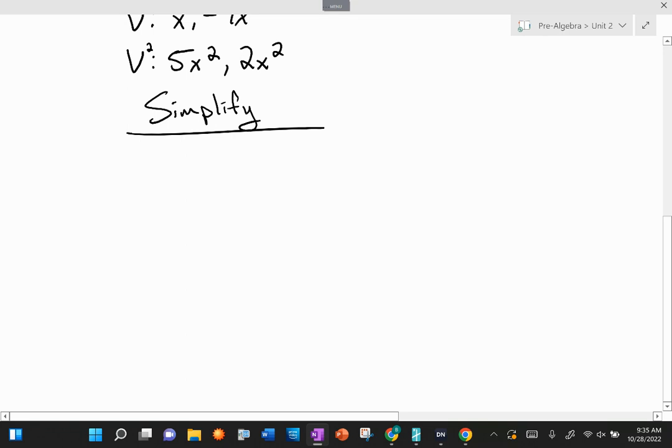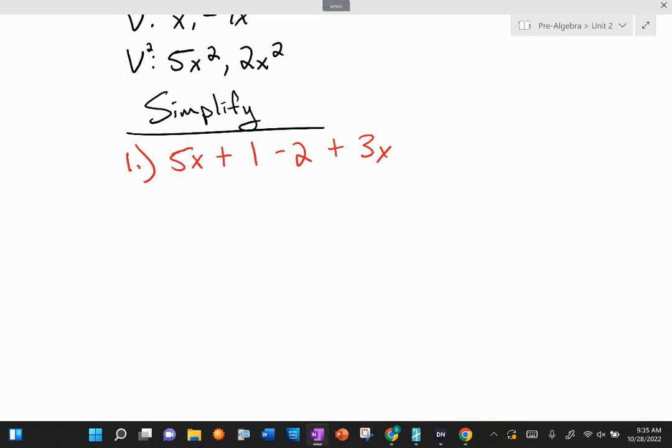Let's try this first one right here: 5x plus 1 minus 2 plus 3x. Combine like terms and simplify. So now you're not just sorting them together, but you're going to actually put them together based on their sign or their operation.